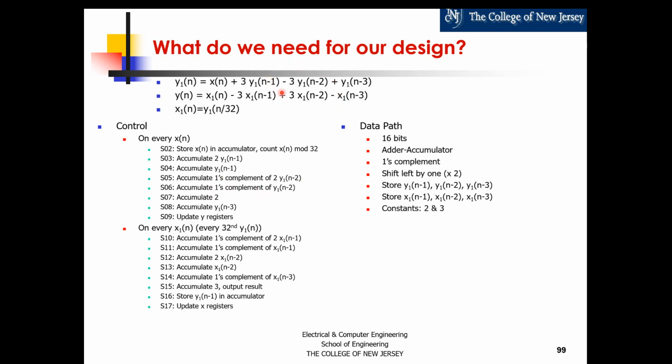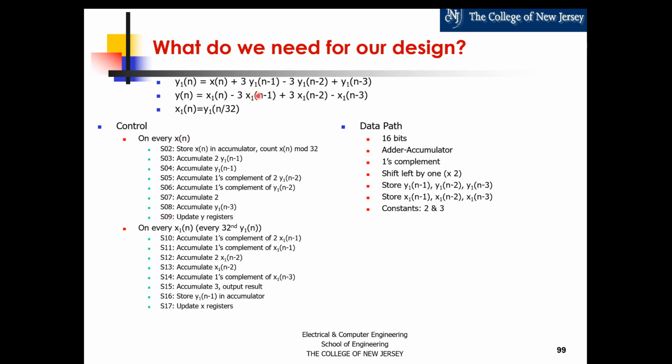Therefore, I have this term, -3 times this quantity. Then I'm going to accumulate this quantity, which is this one. At that point, I have the whole thing. And I update the registers. And I wait for the next X to come in. And I do the same thing.